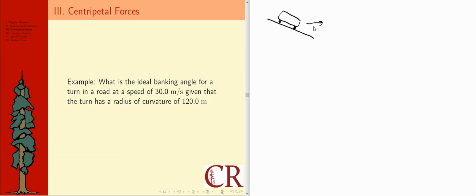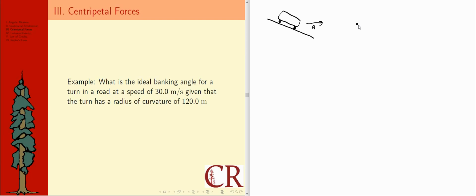I'm going to throw in already that I think the direction of acceleration is horizontal and to the right. But when I start the free body diagram, ordinarily, if this were not an ideal banking angle situation, I would have three forces: gravity force, normal force, and a traction, or as we commonly call it in physics, a static friction force.